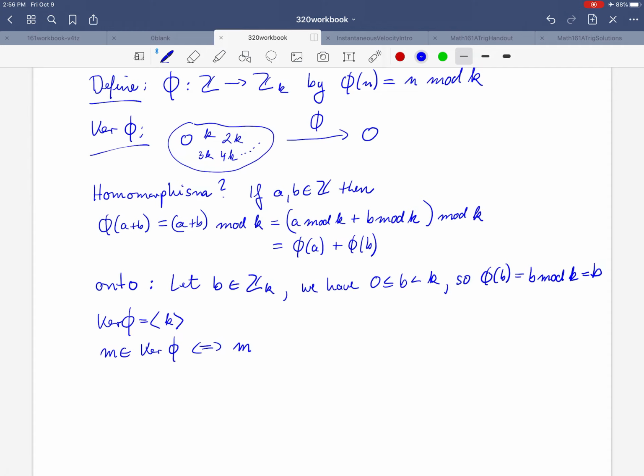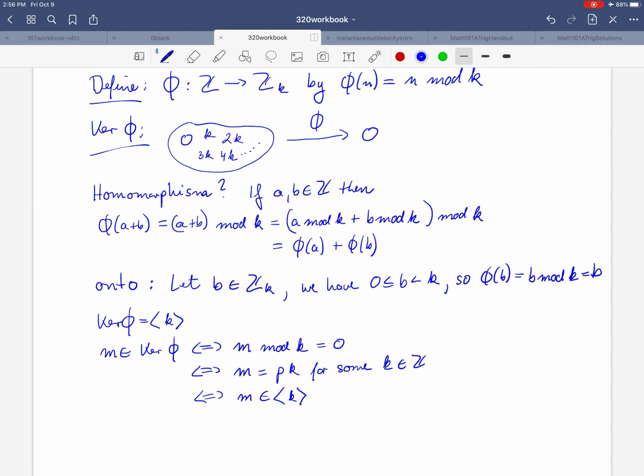Well, it's in the kernel if and only if M mod K is equal to 0. But that is equivalent to saying that M has to be a multiple of K, so it's equal to P times K for some integer P.